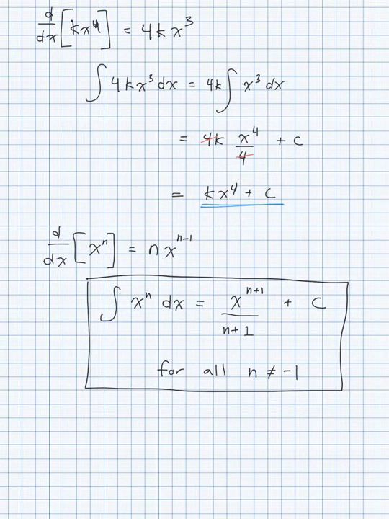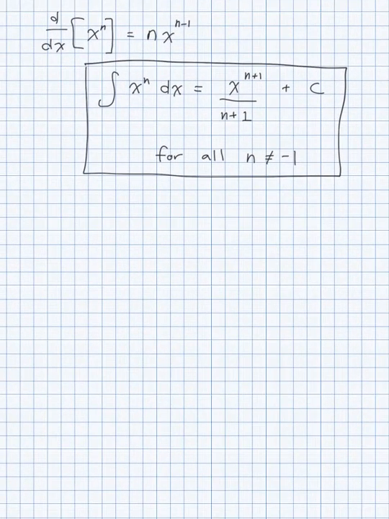And we have some other general rules that we can review. Hopefully it's apparent at this point: if we are multiplying some function by a constant k and differentiating with respect to x, then that constant k gets carried through, and we end up with k times the derivative f prime of x.